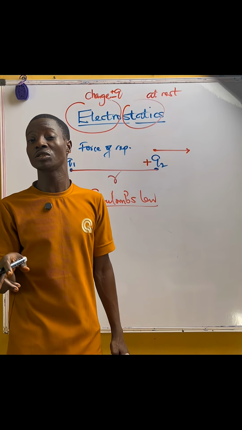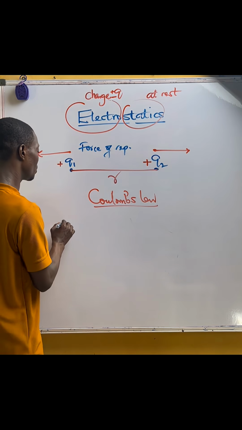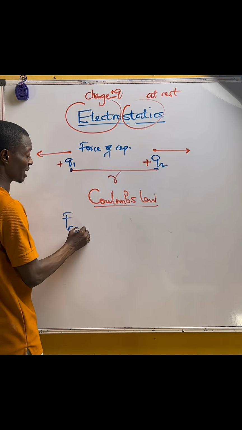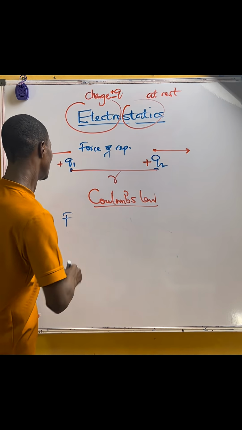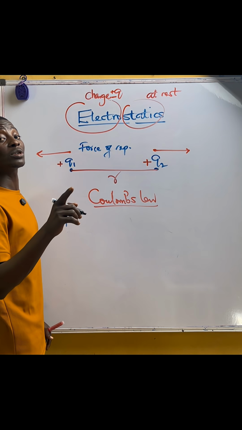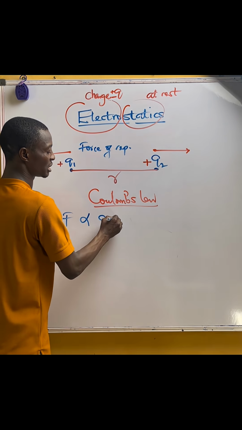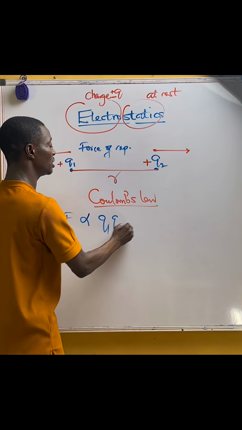So the force of attraction or repulsion between 2 point charges is directly proportional. So we have force, whether the force is repulsion or attraction. But we know that it is at least a force. Does that make sense? Now, the force of attraction or repulsion between 2 point charges is directly proportional to the product of the charges. Let's say this first charge is Q1 as we have here, and the second is Q2.